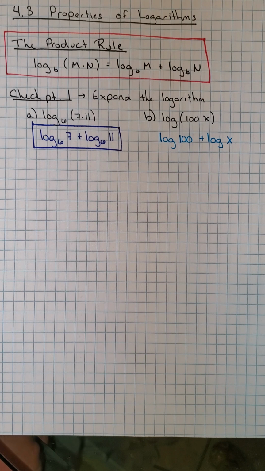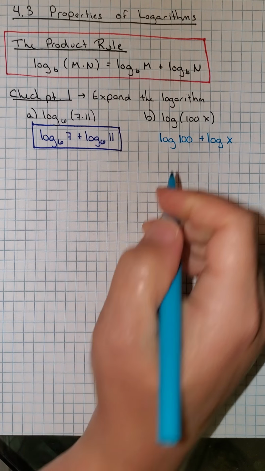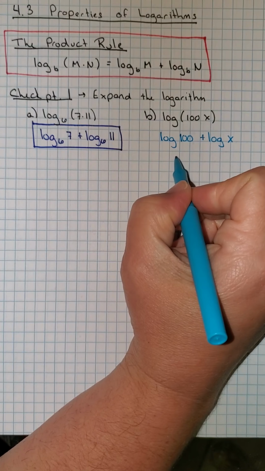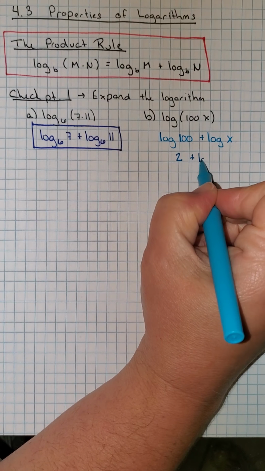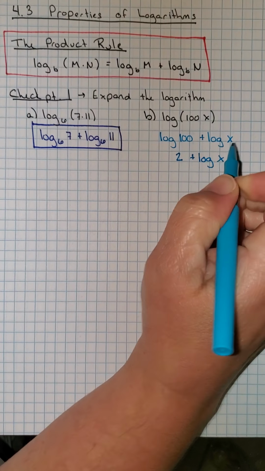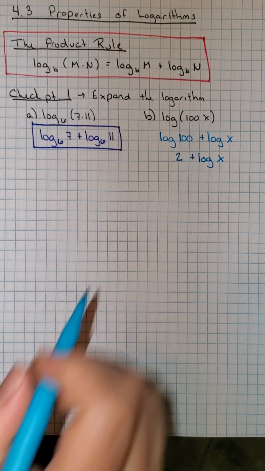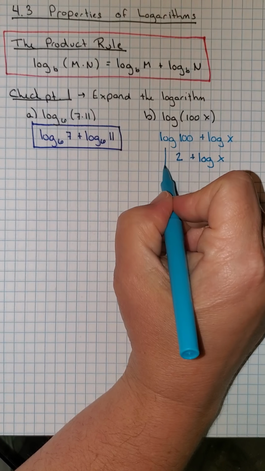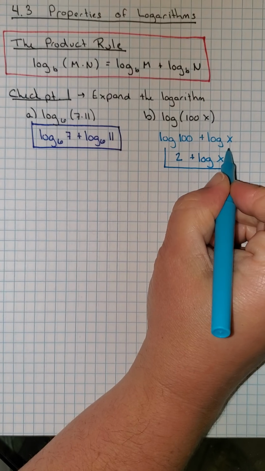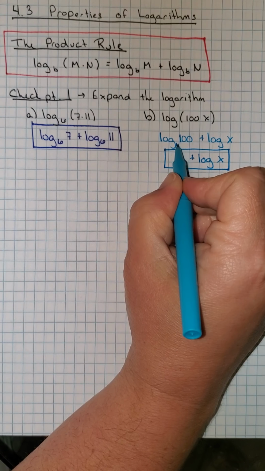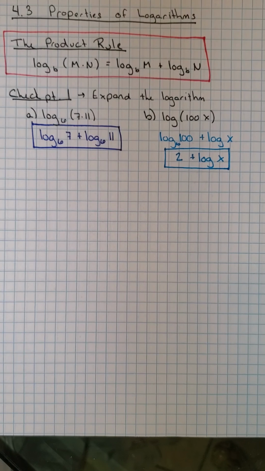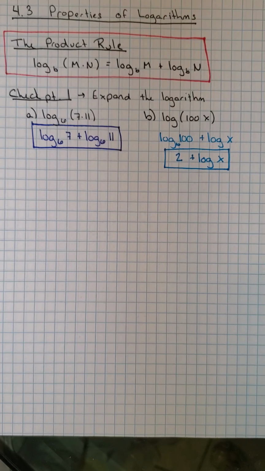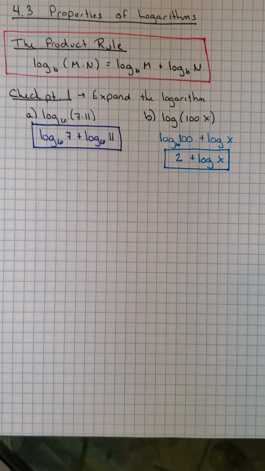So you can actually do the log of 100, because it's 10 to what power is 100, and that's actually 2. In the last section, I would write that out, like 10 to the x equals 100. I'm not doing all that anymore, so it's just 10, because remember your base is 10. It's a common log when there's no base there. So 2 plus log of x. Alright, so that's using the product rule.